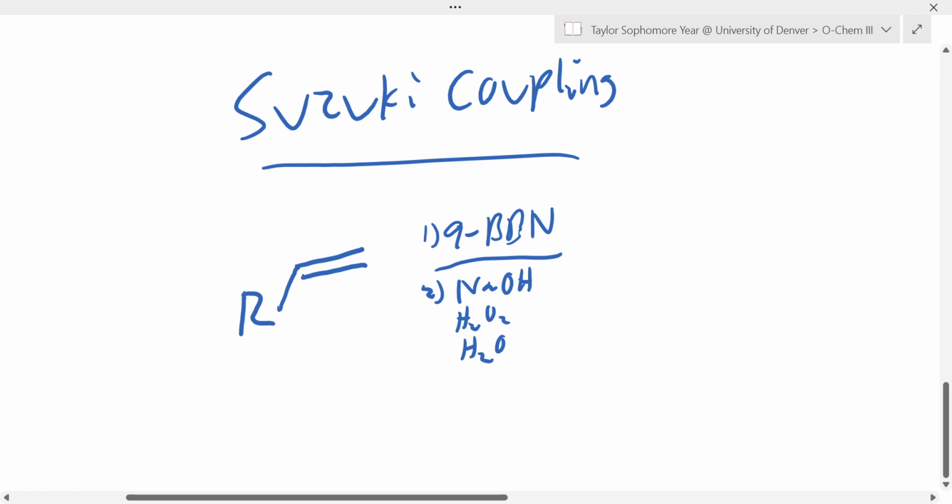So the big thing with Suzuki coupling is that you use, how do I say this, a boronic acid with an aryl or vinylic iodide or bromide. Essentially, that's the coupling part.